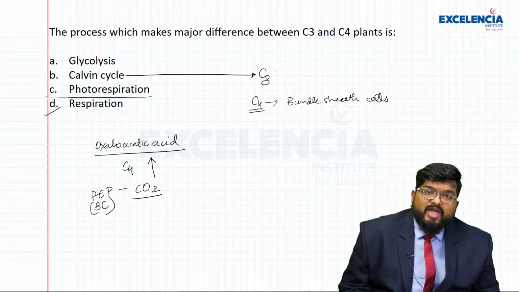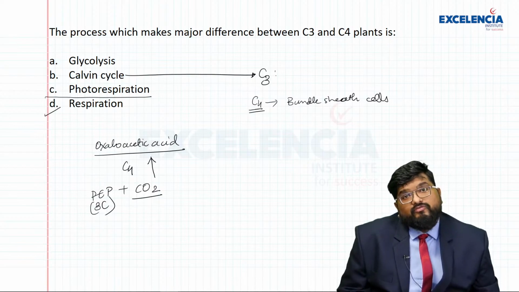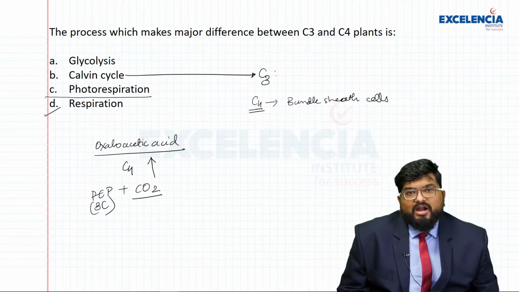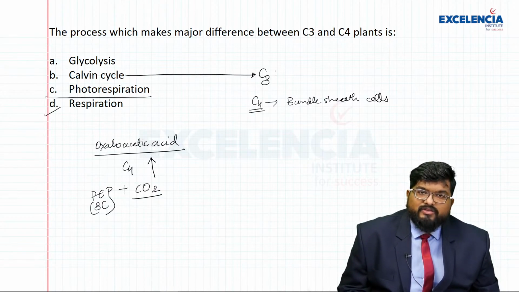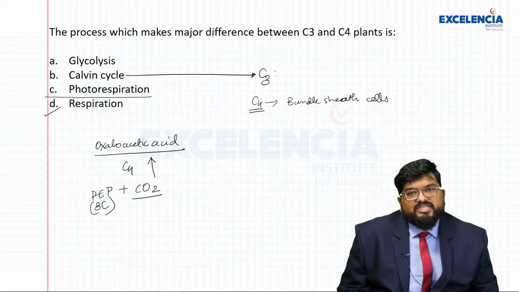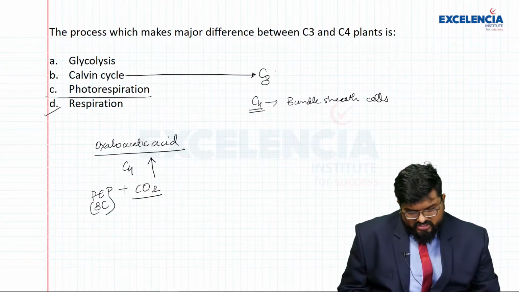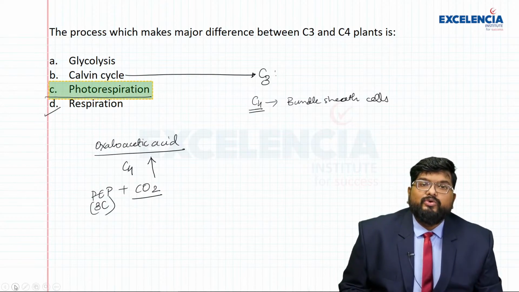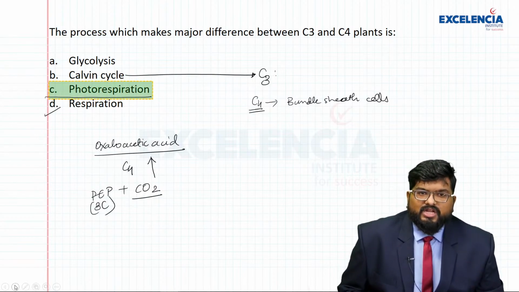Because it prevents the photooxidation of chlorophyll A. But in C4 plants, if they undergo photorespiration, they will lose already fixed carbon dioxide. So the major difference between C3 and C4 plants is what? Photorespiration. Are you getting it?